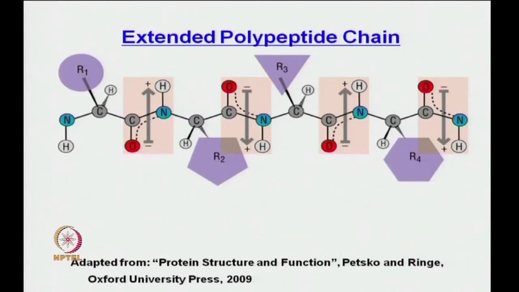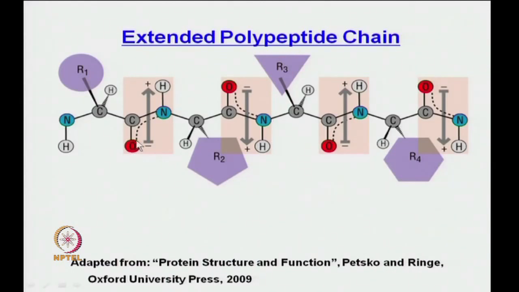So, this is typically how a peptide chain looks. You can see 1, 2, 3, 4 different amino acid subunits, with R groups R1, R2, R3, R4. These again give specific identities to the amino acids we are combining.